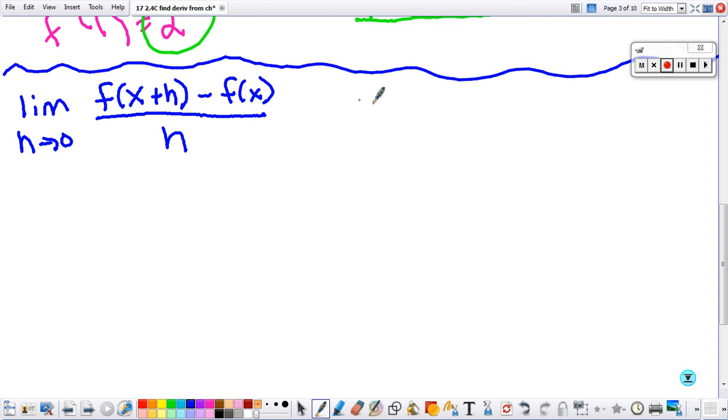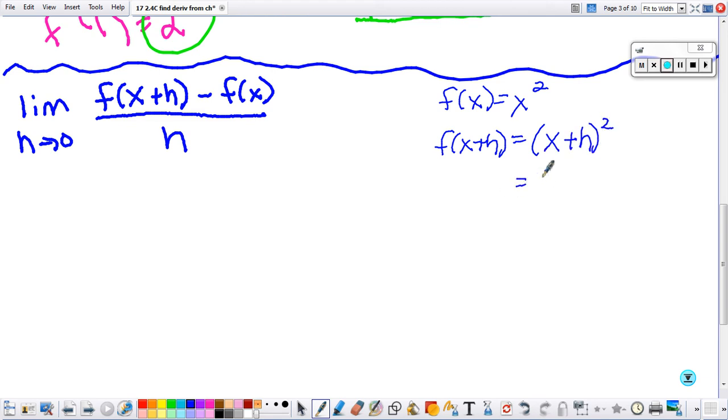So f of x plus h, for back from the top of this page, f of x was x squared. So f of x plus h, I'm going to plug in x plus h. That means multiply it by itself. And now we're going to have x's and h's.